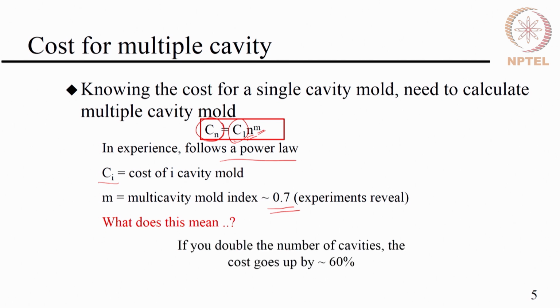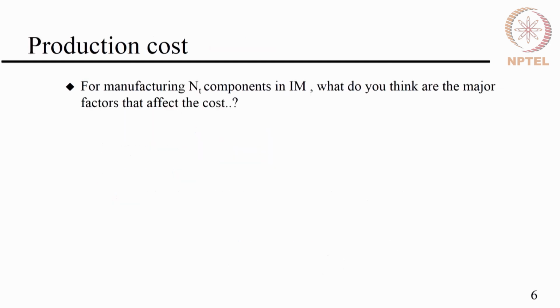The implication is that if the number of cavities is doubled, the cost of making the mold goes up by about 60%.